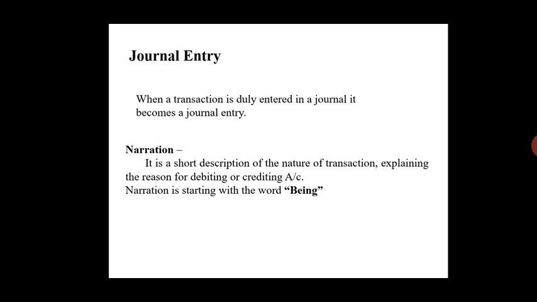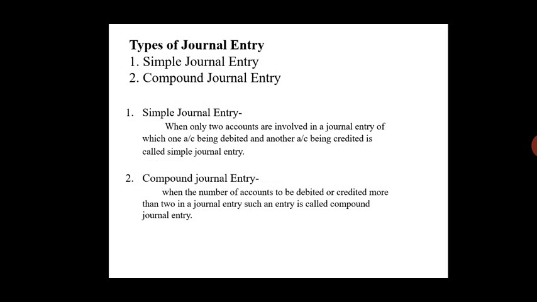Next slide, types of journal entry. There are two types of journal entries. First one is the simple journal entry, and the second one is the compound journal entry. Now see, what is a simple journal entry?